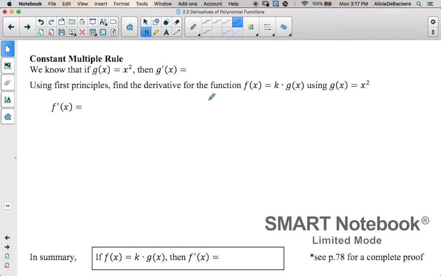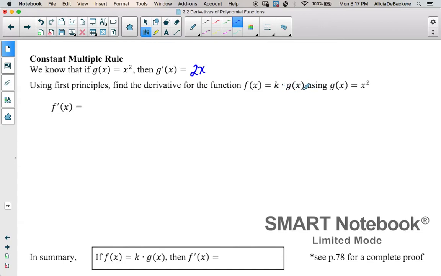All right, on to our next rule, the constant multiple rule. Now we know from our last lesson 2.1 that if g at x is equal to x squared, then the derivative is 2x. We looked at that in our last lesson. So using first principles, I want to know what's the derivative if I put some k multiplier in front of that.